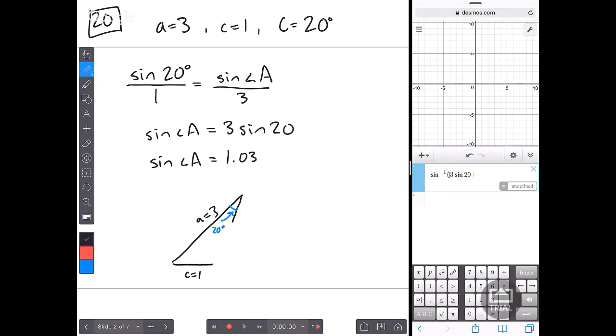Anyway, let's move on to 20. Let's see. After 20, we did 30. On number 30, we had 3 sides. Great. Beautiful case of the law of cosines.